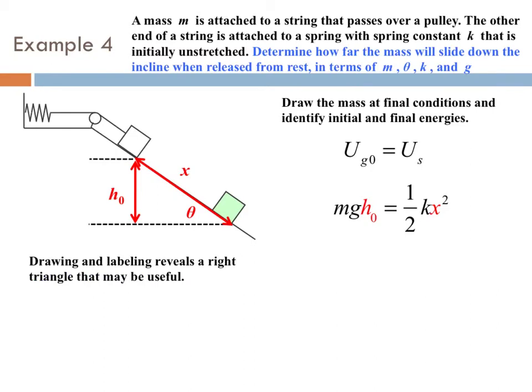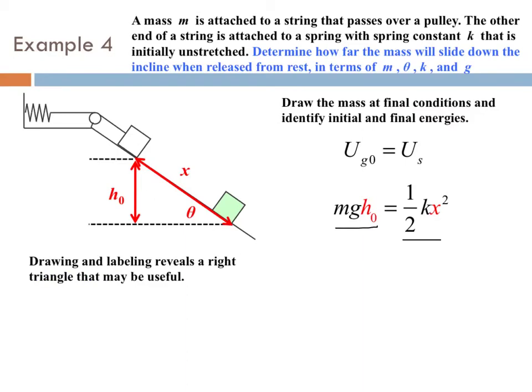So it's always important to draw the mass at final conditions and identify the initial and final energies. At the beginning, all we have is potential energy because it says that our spring is unstretched, so we don't have any potential energy of a spring. At the end, we do have our potential energy of a spring, but no height.